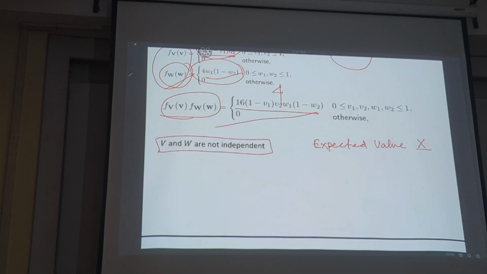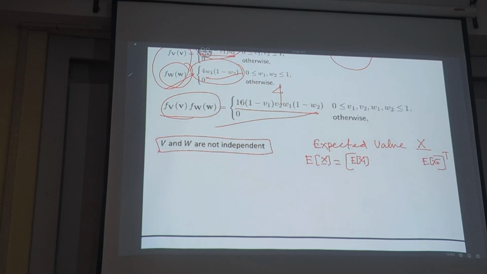The expected value of a random vector X is very simple. What is it? The expected value of a random vector X is also a vector. If it is a vector, what are the components? The components are the expected value of each of the random components.